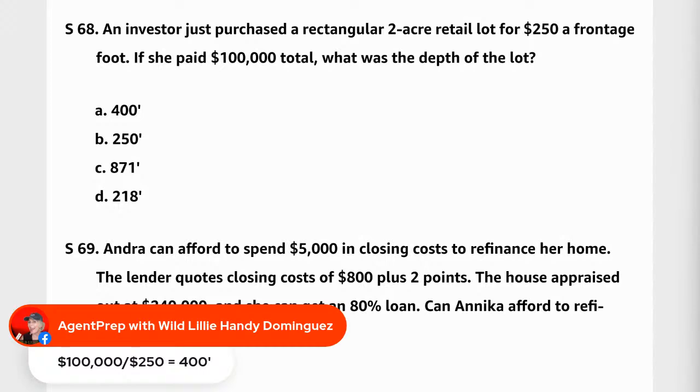That's what we got from dividing 100,000 by $250, to get how many feet in the frontage. So the frontage is 400 feet. Now we divide 400 feet into the whole square footage, 87,120 square feet, to get the depth, the back end, the length of the property, since it's a rectangle. The answer is 217 and change, 217.8.